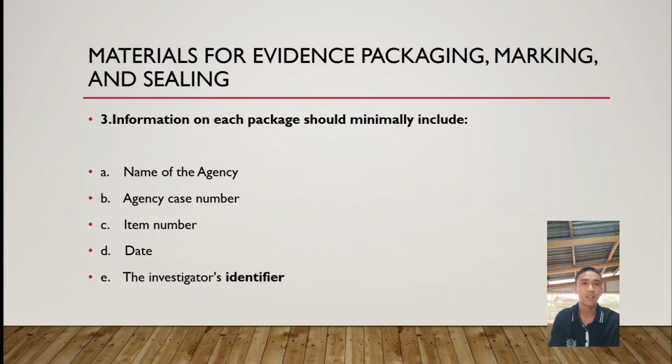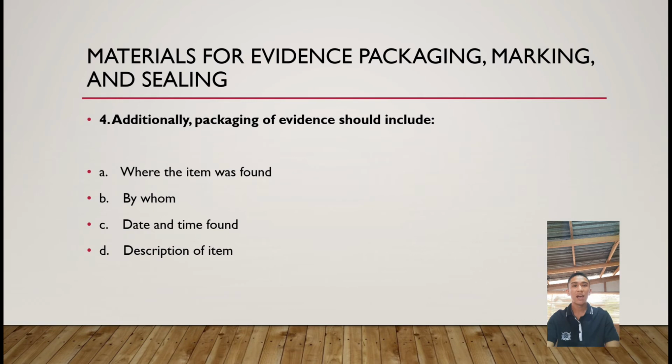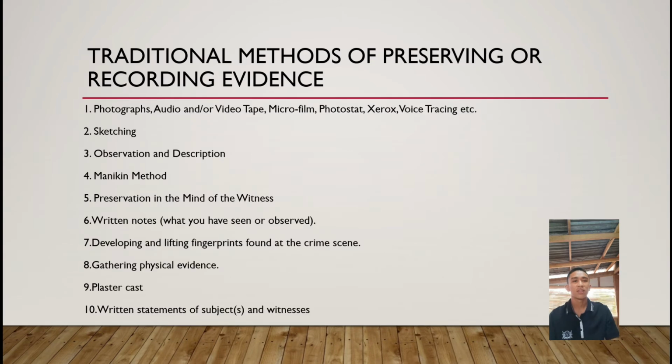So the third one is information on each package should minimally include name of the agency, case number, item number, date, the investigator identifier. The last one is additionally, packaging for evidence should include where the item was found, by whom, date and time found, description of the item.